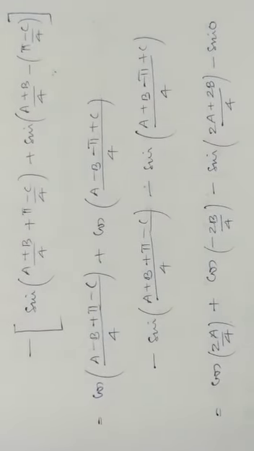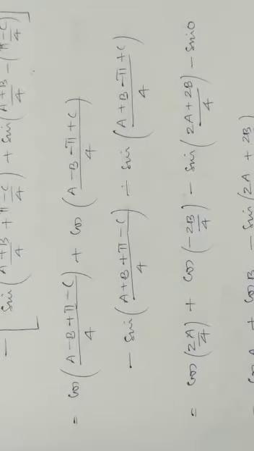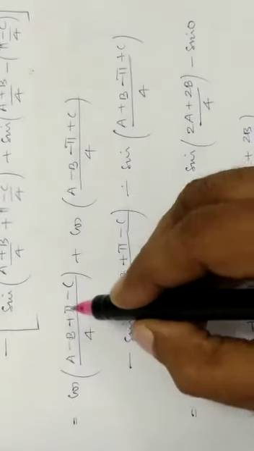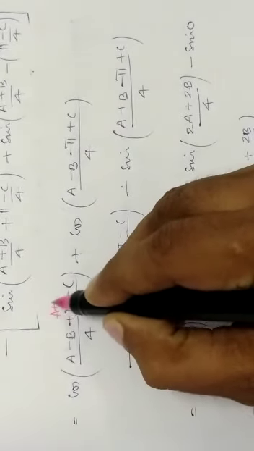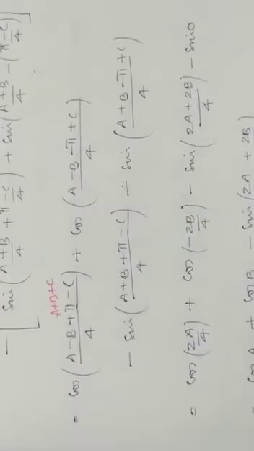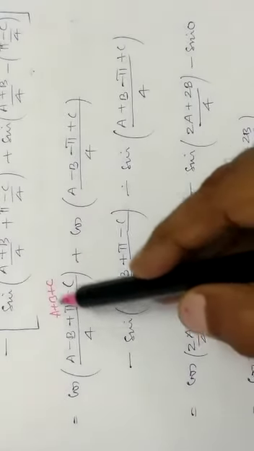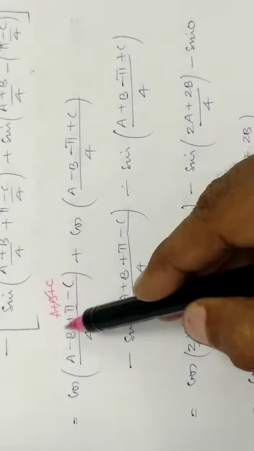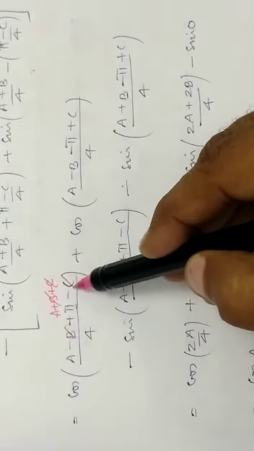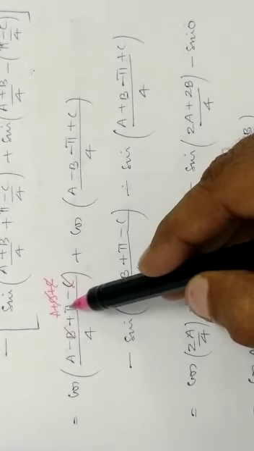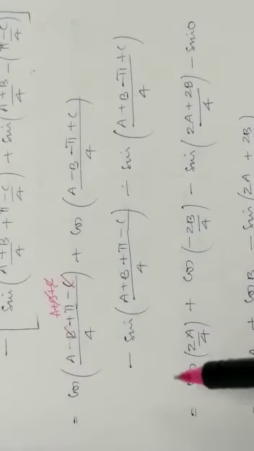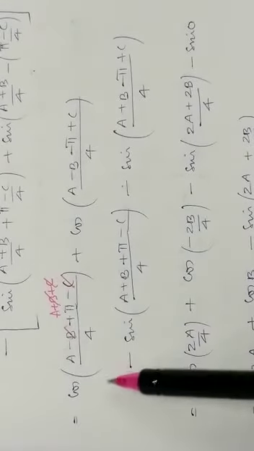So, in the hypothesis it is given pi as a plus b plus c. If you write pi as a plus b plus c, plus b minus b cancel, plus c minus c cancel. In the place of pi you have written this. What is remaining?